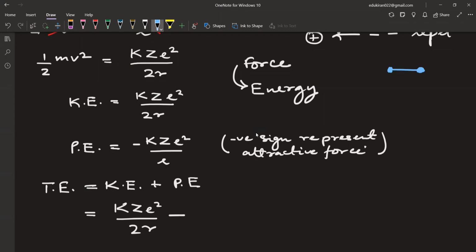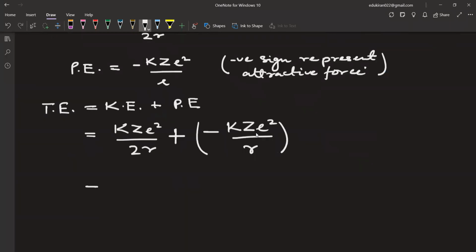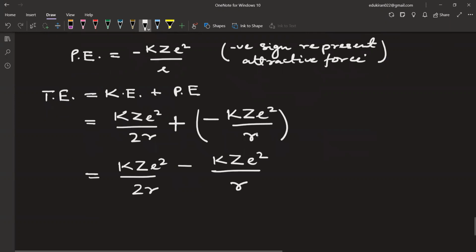And minus, kinetic energy plus potential energy, what is it? Minus kZe square upon r. Okay, so you can see that everything is common.